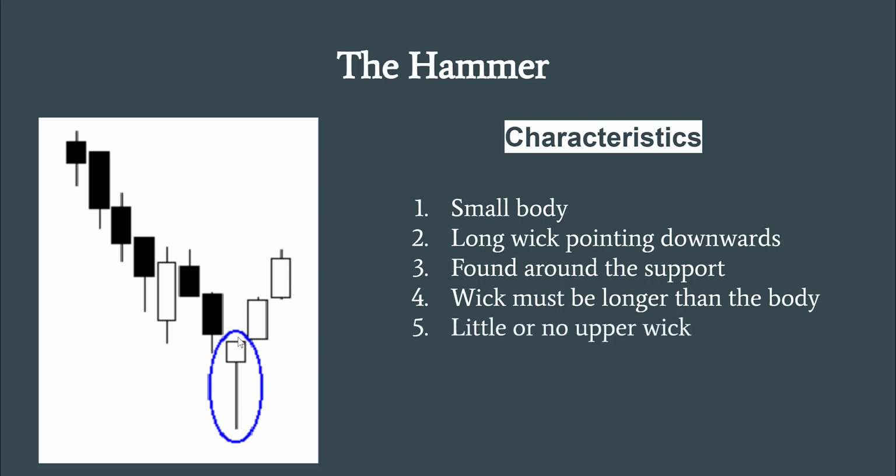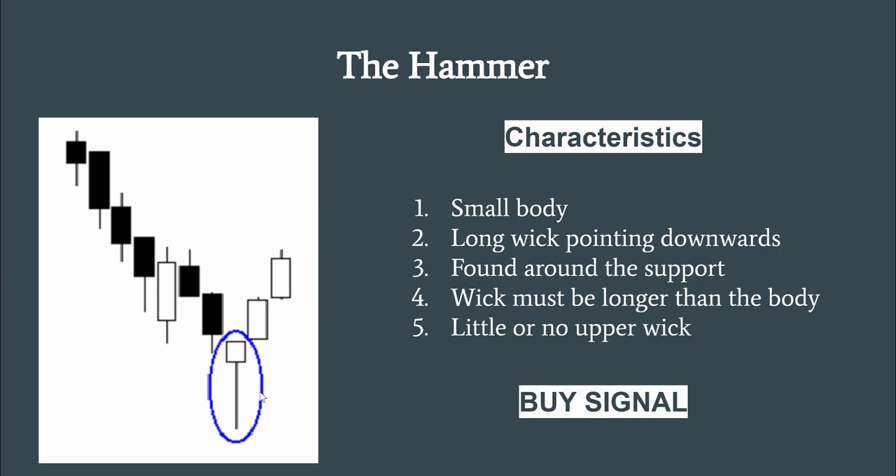Then it usually has little or no upper wick. Like in this case, this has no upper wick, but in some hammers you may see a little bit of a wick up here. So that is still a hammer. Okay, so it's characterized by little or no upper wick.